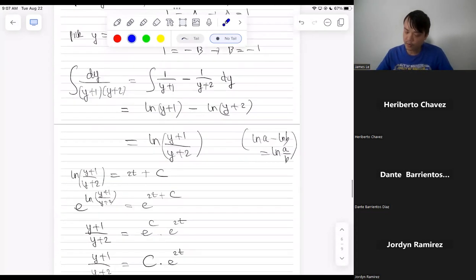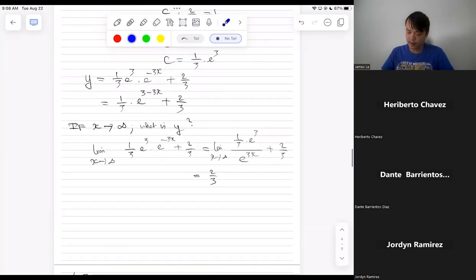For example, if you don't know that ln of y plus 1 minus ln of y plus 2 equals ln of y plus 1 over y plus 2, you can't solve that one, right? And if you don't know that e to the ln of y plus 1 over y plus 2 is just y plus 1 over y plus 2, how can you solve that one?